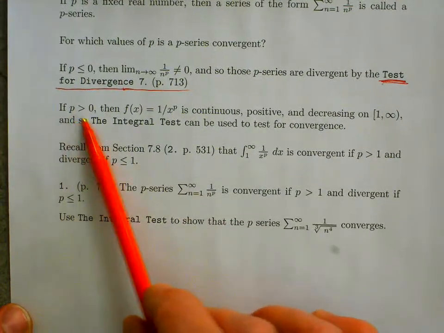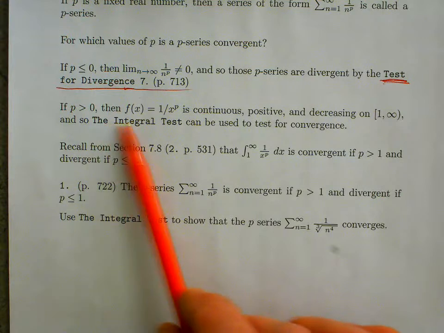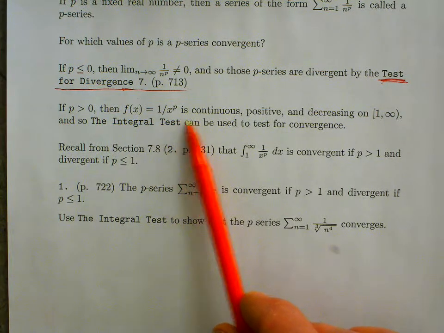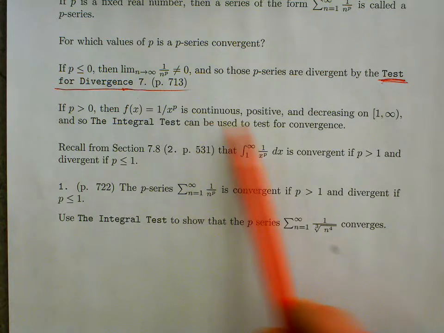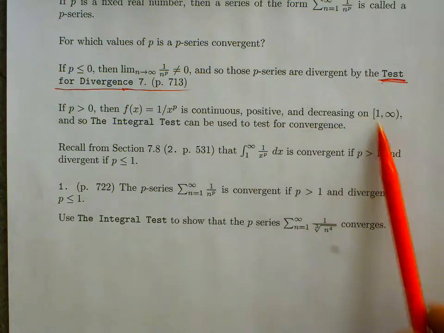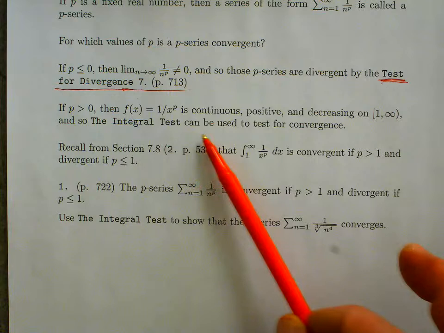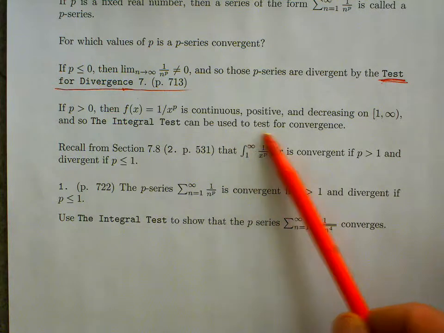If p is greater than 0, then f of x equals 1 over x to the p is continuous, positive, and decreasing on the interval from 1 to infinity. And so the integral test can be used to test for convergence.